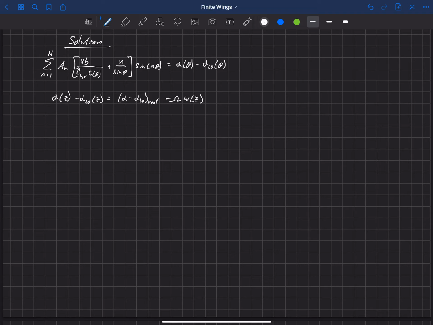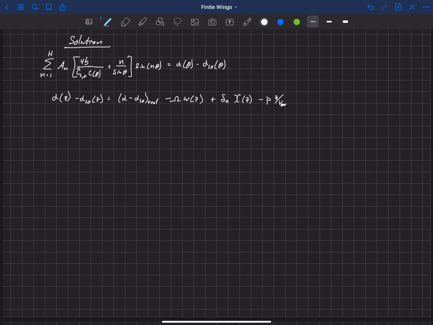So that was our washout distribution. Plus, we're now going to say some delta A is our magnitude times some distribution chi of z for our ailerons minus p times z over V infinity.